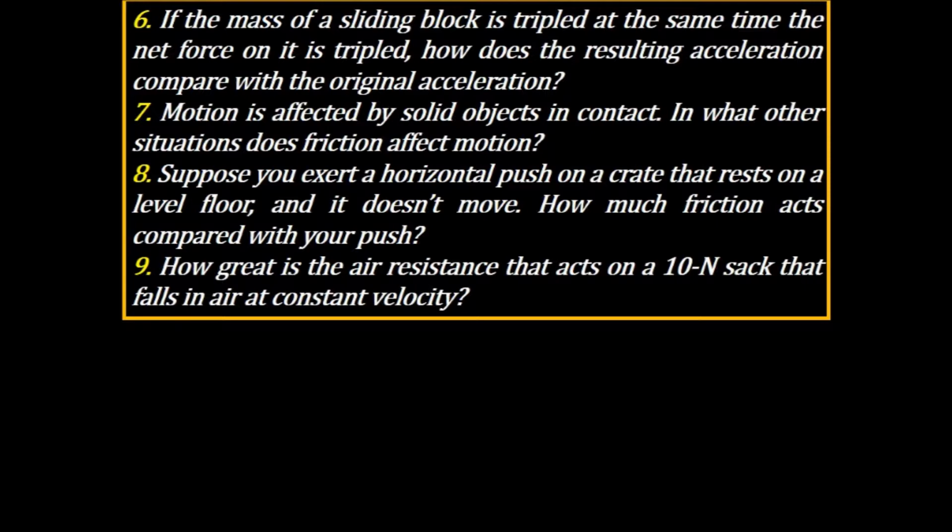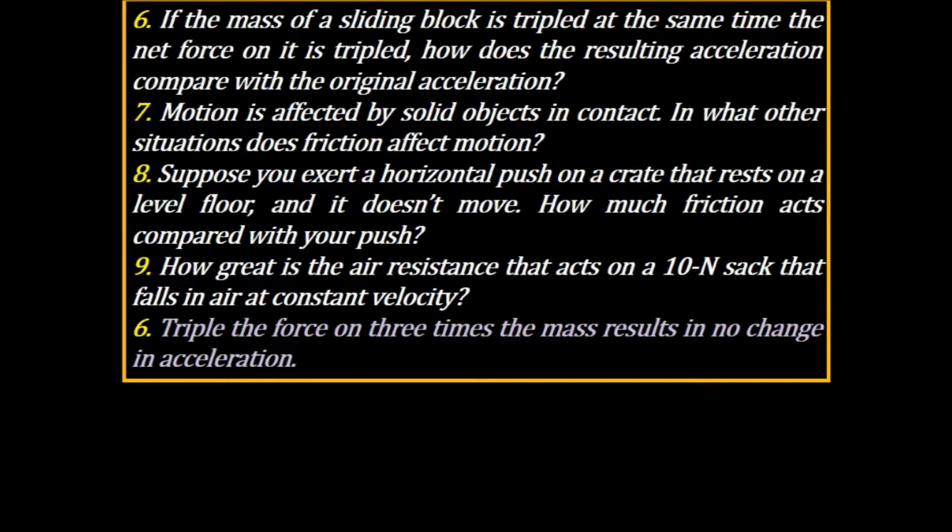If the mass of a sliding block is tripled at the same time the net force on it is tripled, how does the resulting acceleration compare with the original acceleration? Triple the force on 3 times the mass, no change in acceleration, because it's going to cancel out, because force and mass are proportional.